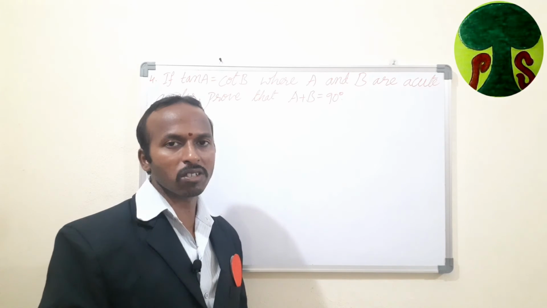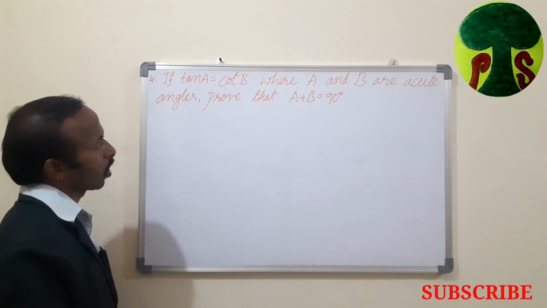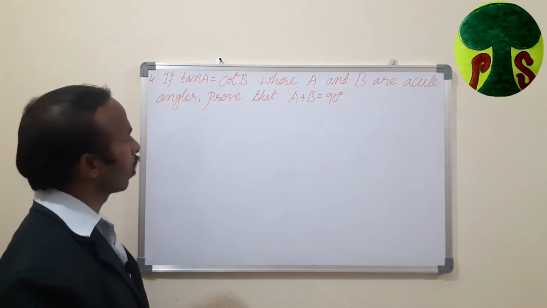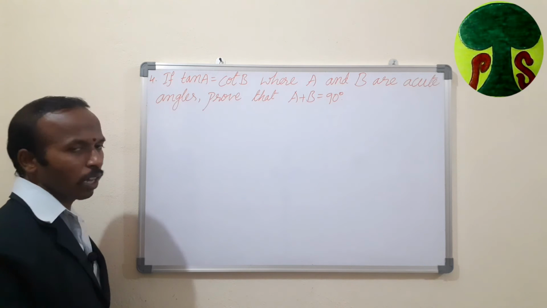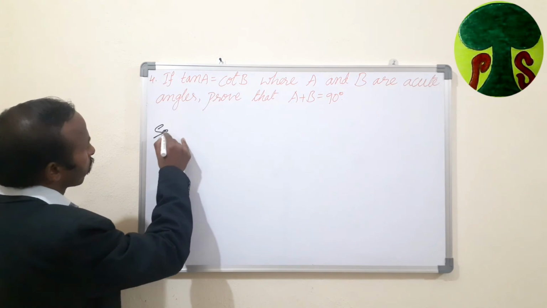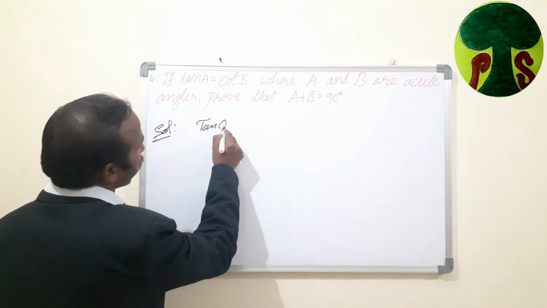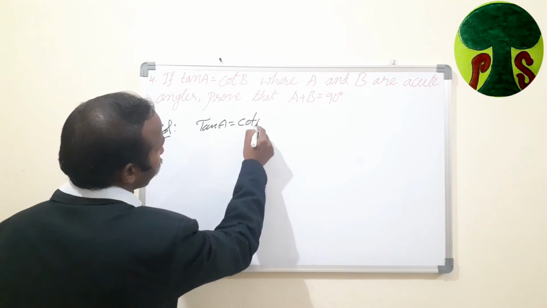To enhance your skills, we'll solve the next question, that is if tan a equal to cot b, where a and b are acute angles, prove that a plus b equal to 90 degrees. Let's see the solution. The given data is tan a equal to cot b.